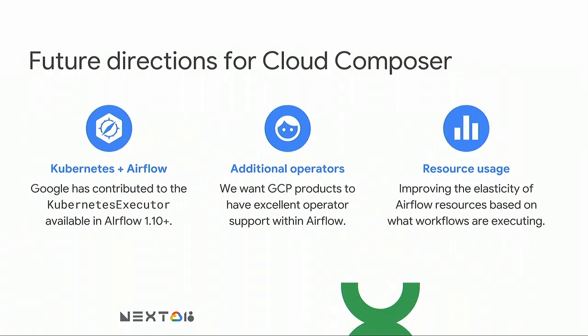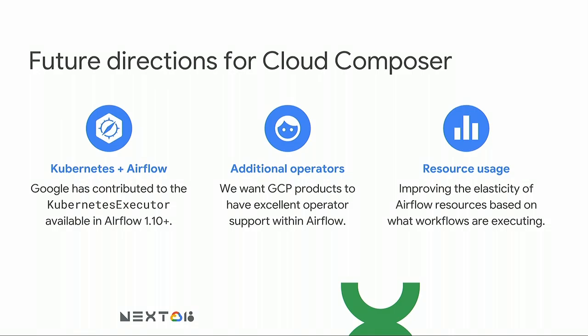Future directions for Cloud Composer. So we showed off some of the work we've done with Kubernetes. The intersection of Kubernetes and Airflow is exceedingly interesting to us. Google, in terms of the Composer team and other teams, have been involved in work for Kubernetes and Airflow. The Kubernetes executor is a good example of that.